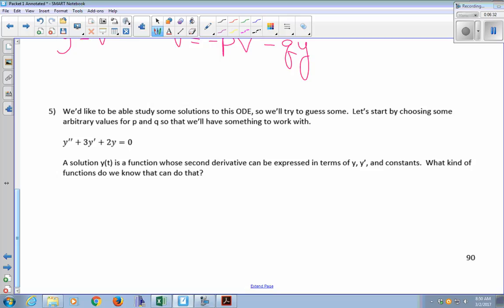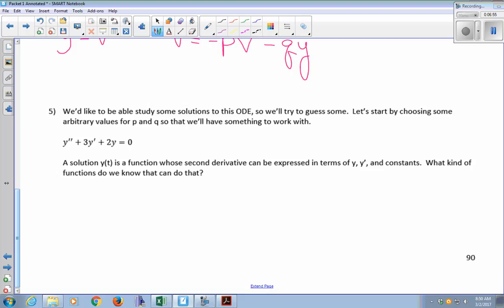A solution y of t, something that solves this, would have to be a function whose second derivative can be expressed in terms of y and y prime and constants. I have to be able to add the second derivative, the first derivative, and the function itself and get 0.